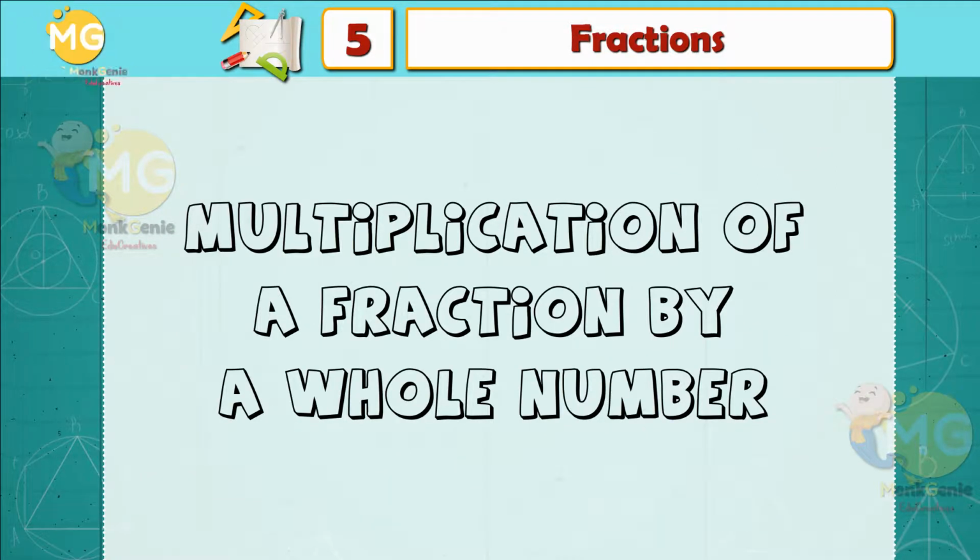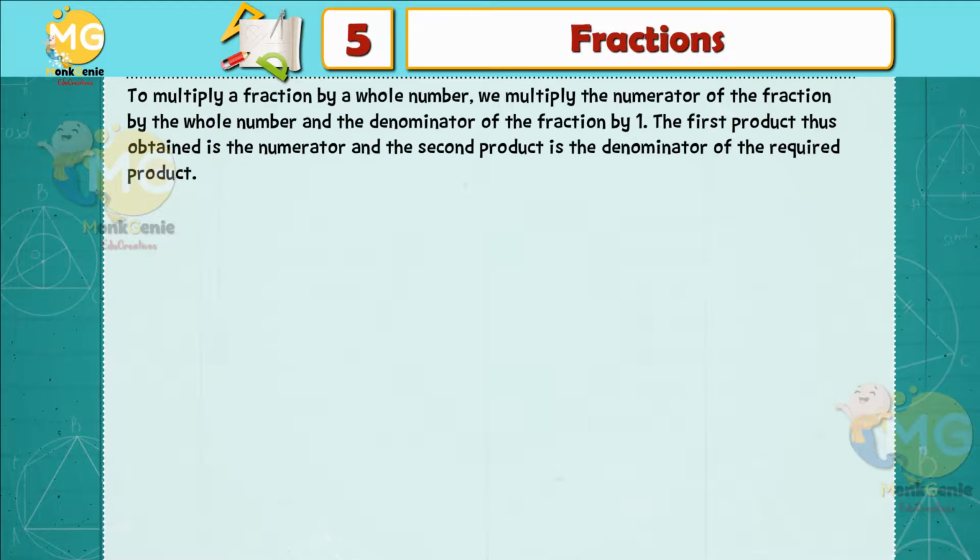Multiplication of a fraction by a whole number. To multiply a fraction by a whole number, we multiply the numerator of the fraction by the whole number and the denominator of the fraction by 1.